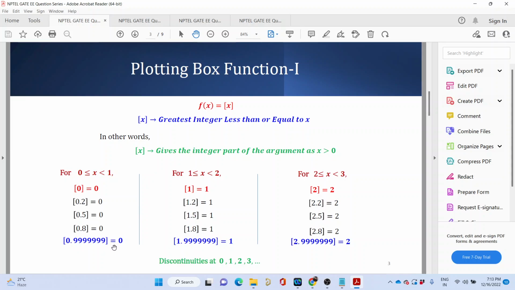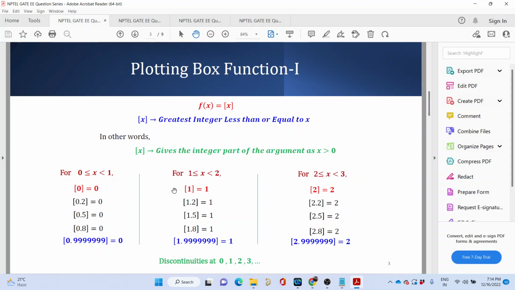That would be 0, because the greatest integer which is less than this is 0, right? So we see that if x is a positive value, it is giving the integer part of the argument. So 0.8, 0.5, 0.2, all these are arguments of the function, and you are getting only the integer part of the argument.